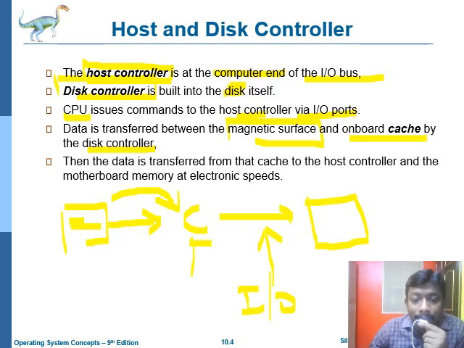So there will be a cache between the disk and the host controller. Then the data is transferred from the cache to the host controller and the motherboard memory at electronics speed.